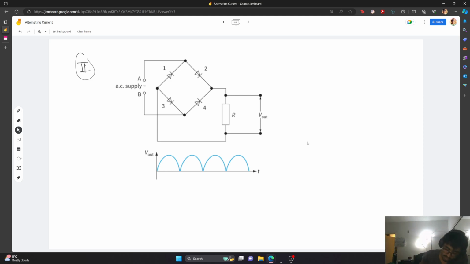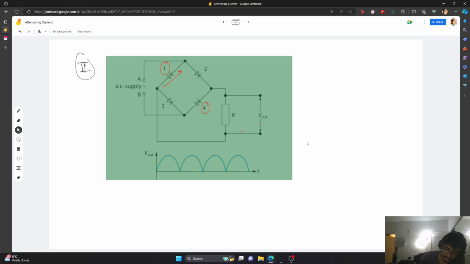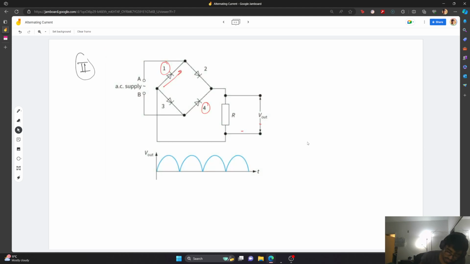So we place four diodes in this formation, where 1 and 4 are in the same direction, and the other two diodes, 2 and 3, are in the other direction, right? And whatever you get out of it, these middle points are attached to a resistor.